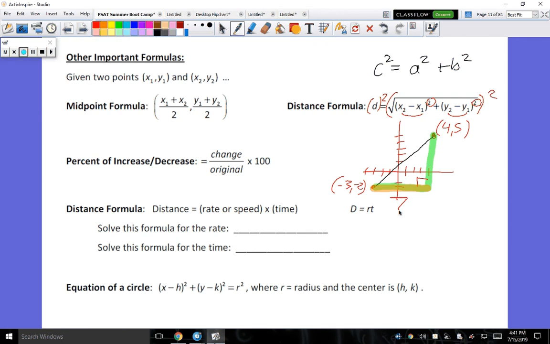What's the length of the other one? 7. What would the hypotenuse be? 7 root 2. We learned it today. This is a 45, 45, 90, otherwise x root 2. So the distance would be 7 root 2.